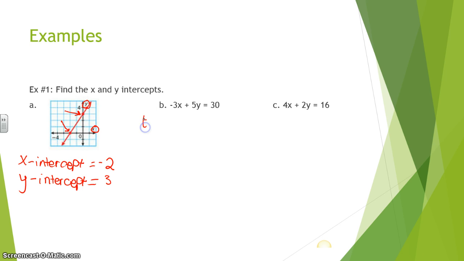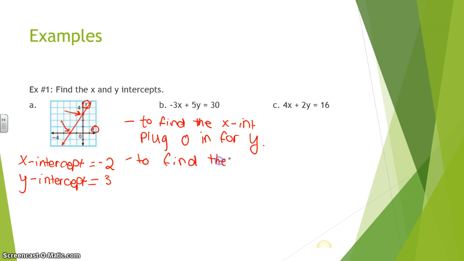Now to find the x-intercept, you're going to plug 0 in for y, and to find the y-intercept, you're going to plug 0 in for x. Okay, so let's do this so you can see what it looks like.